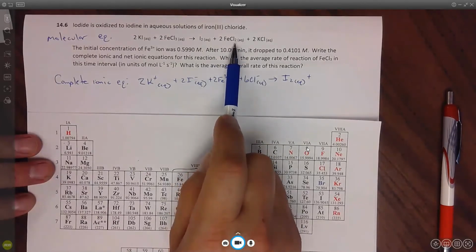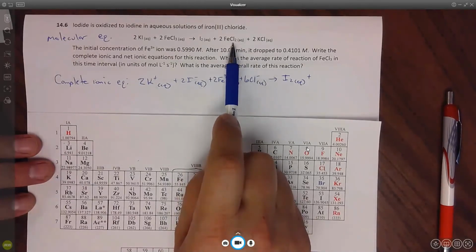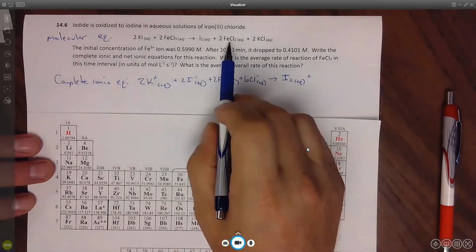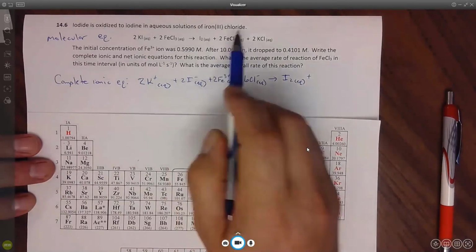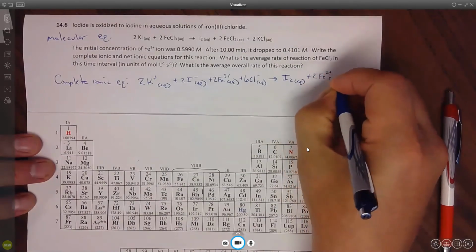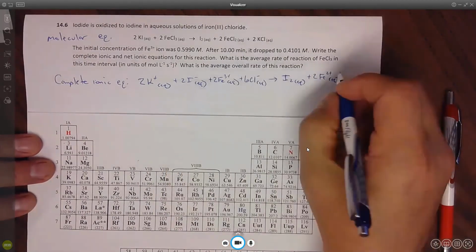Therefore, it's a salt. According to the solubility rules, rule number 3 tells us that salts that contain chloride, bromide, or iodide are generally soluble, with the exception of silver, mercury, and lead. That's not an exception. Therefore, the iron 2 chloride is soluble. So there'll be 2 iron 2s and there will be 4 chlorides.